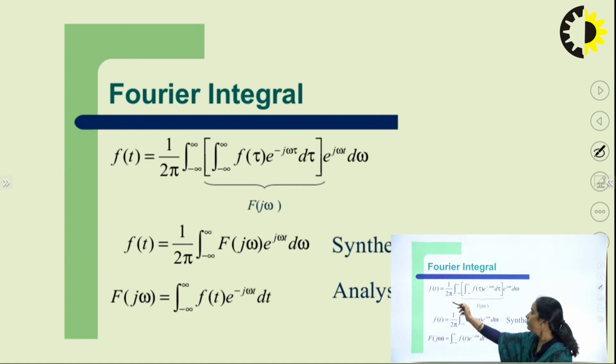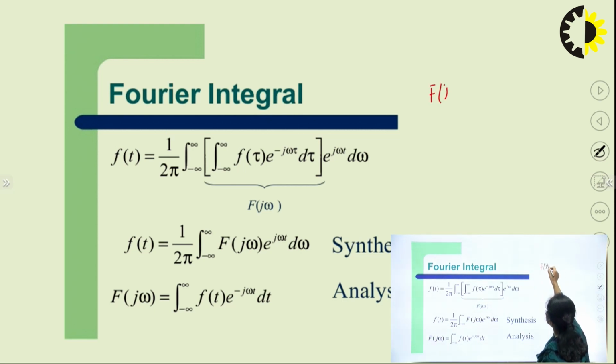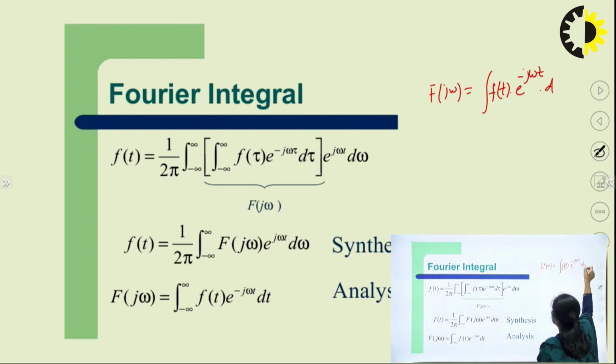Here 1 by 2 pi integration minus infinity to infinity, in bracket we had written F of j omega. What is F of j omega? F of j omega is the Fourier transform of function f(t). We can write this as integral of f(t) e to the power minus j omega t dt from minus infinity to infinity.